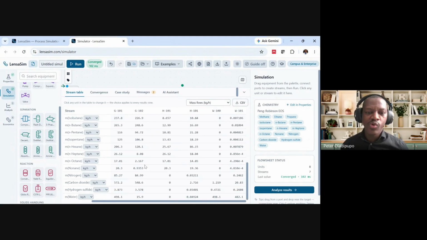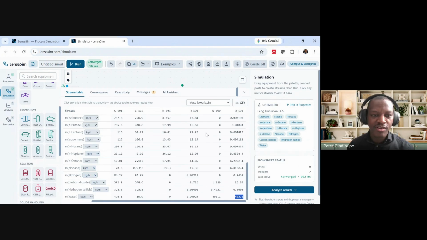G102 has some water still, of course, but you can see that most of it has gone to W101, the water stream, right? And for the hydrocarbon condensate, you have most of the heavy hydrocarbons. See here, ethane, nonane, right?